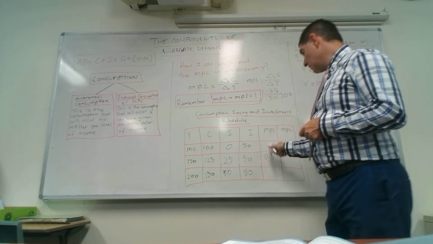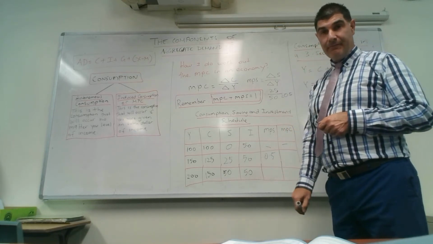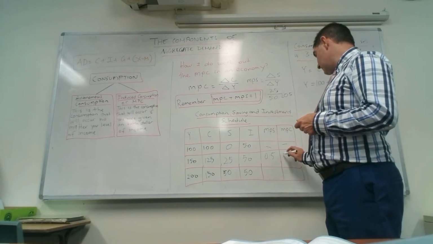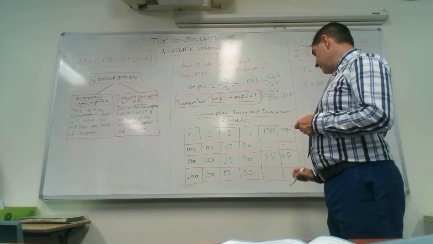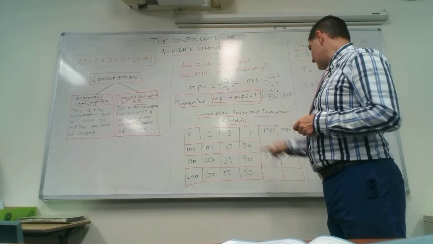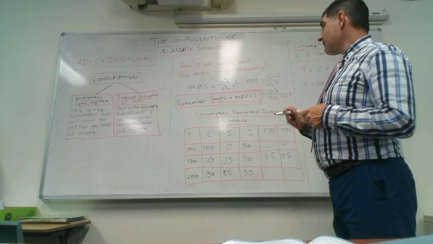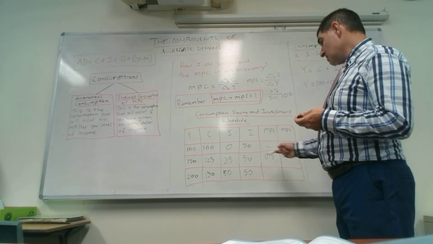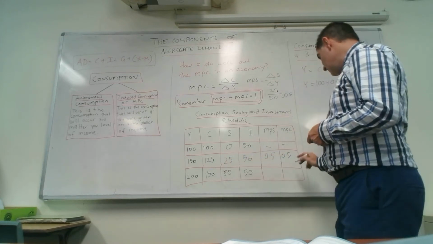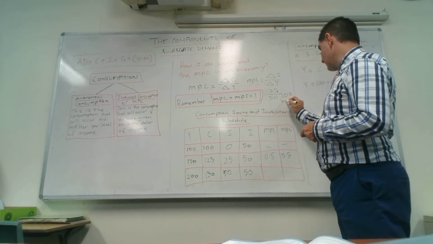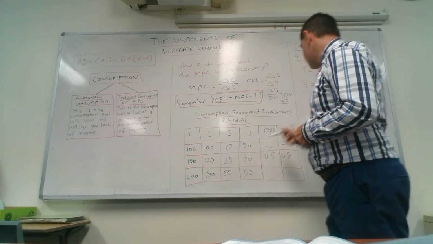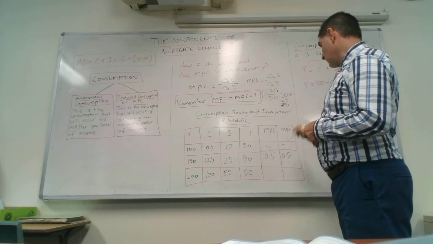If the MPS is 0.5 and MPS plus MPC equals 1, then the MPC has to be 0.5. So let's swap it around now and look at MPC. The MPC is the change in consumption over the change in income. The change in consumption here is 25, and the change in income, once again, is 50.